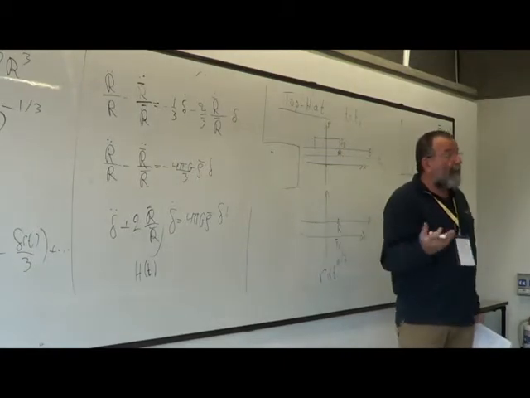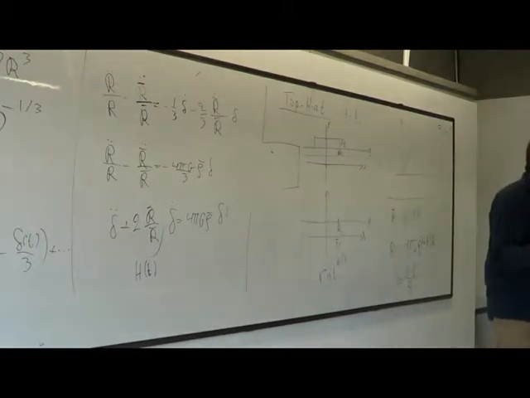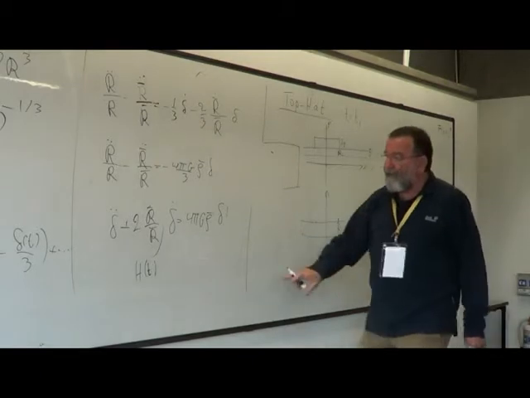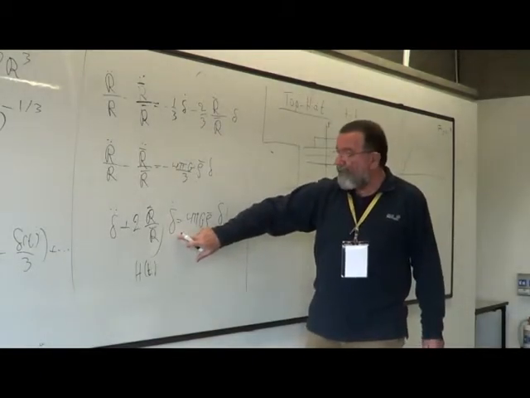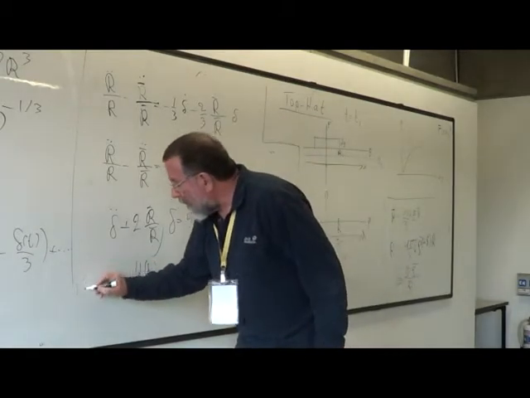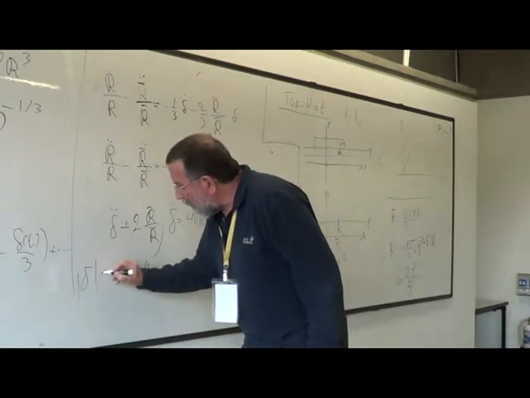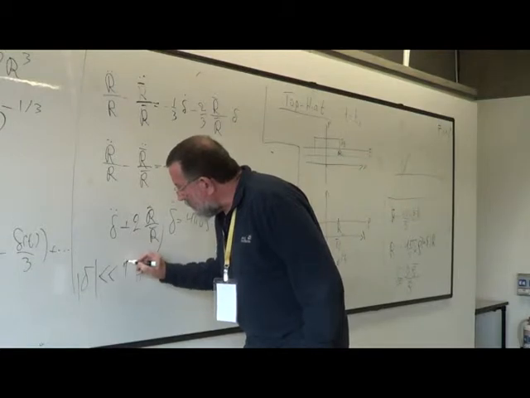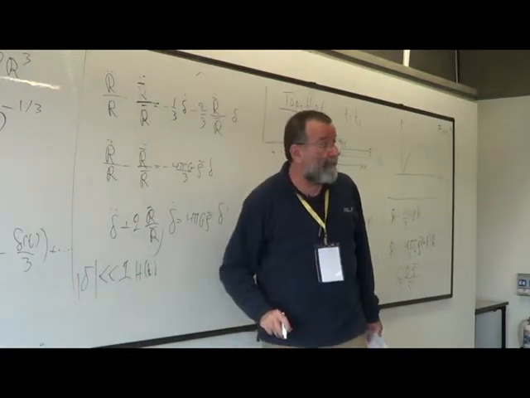So we got a linear equation for the time evolution in the linear regime. This equation holds only as long as the amplitude of delta is much smaller than 1, right?